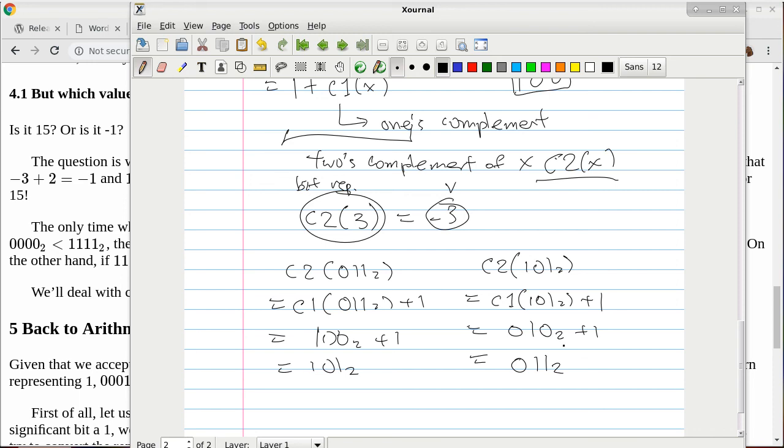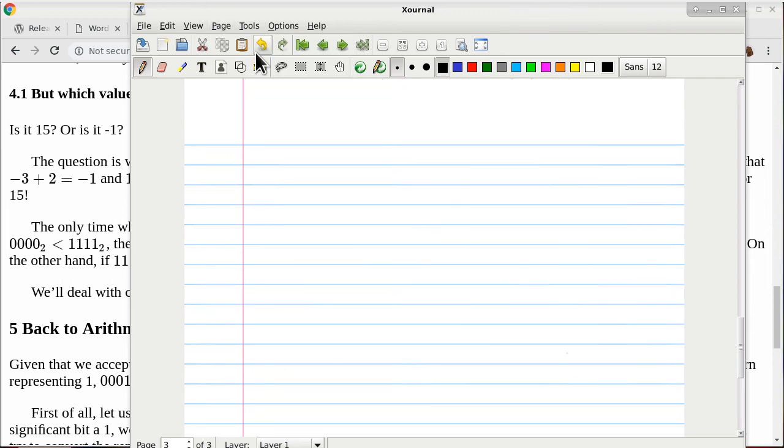I bet this doesn't work on 0. Right? What is the negation of 0? It should be 0, right? Okay, well, let's give it a try. I think I need a new page. So now we say, what is the 2's complement of 0, 0, 0? It is the 1's complement of 0, 0, 0 in base 2 plus 1, which is 1, 1, 1 in base 2 plus 1.